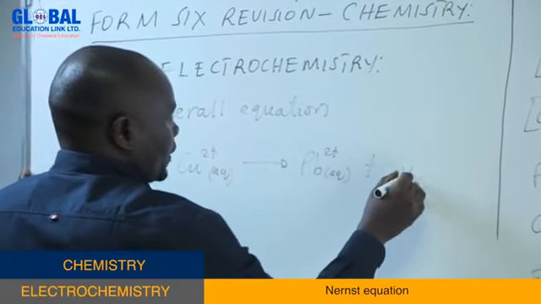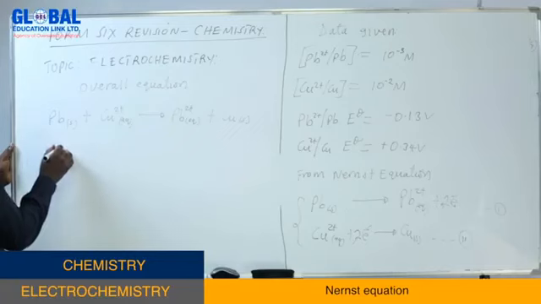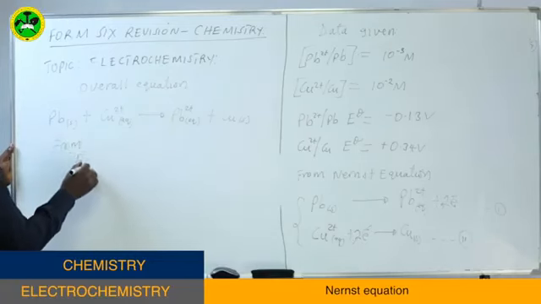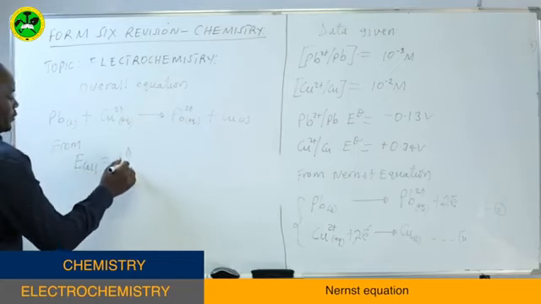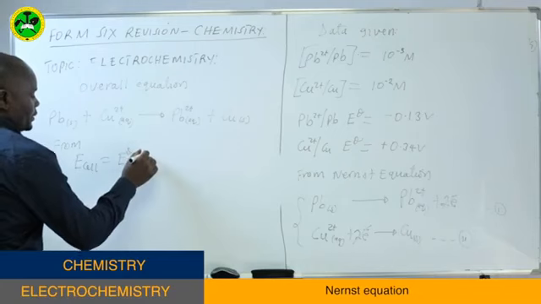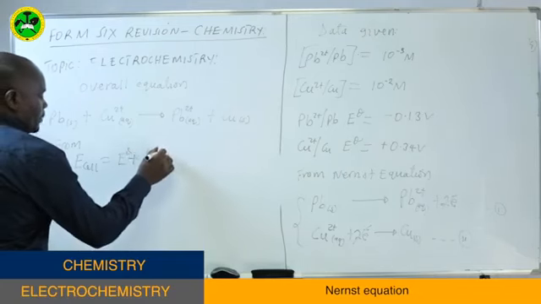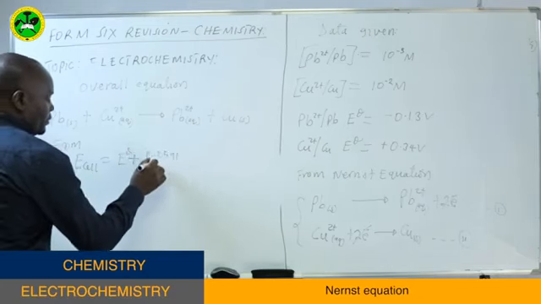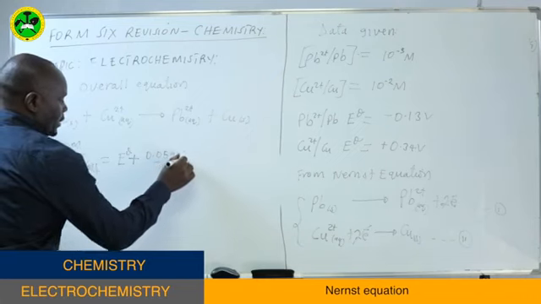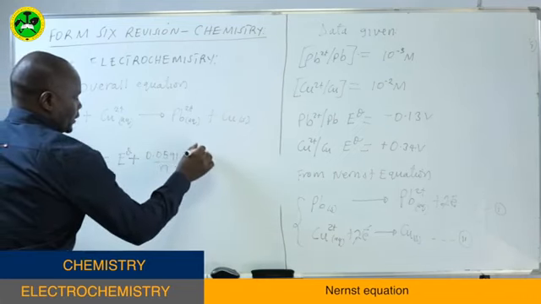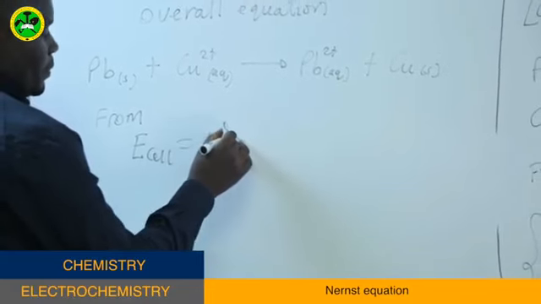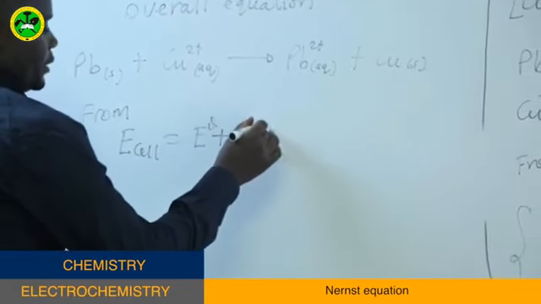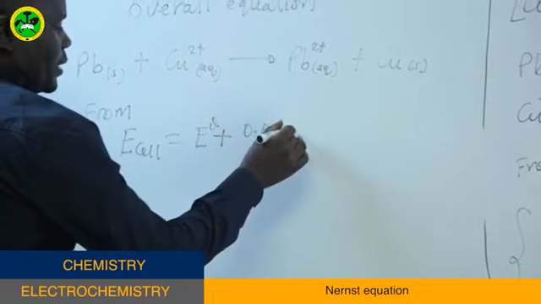Now from the next equation, EMF of a cell is equal to standard electrode potential of a cell, plus 0.0591 over n, then log of concentration of reduced species over concentration of oxidized species.